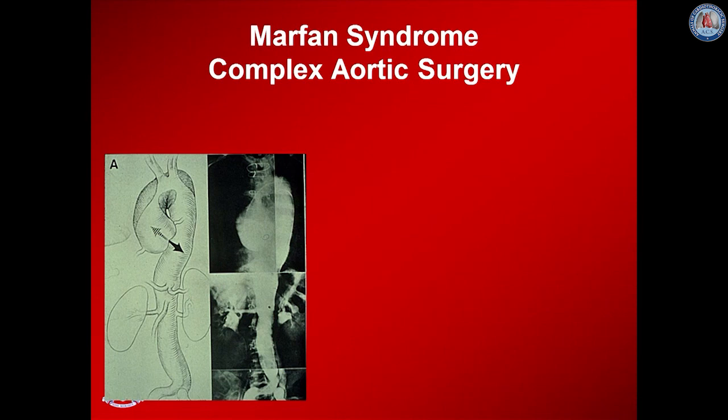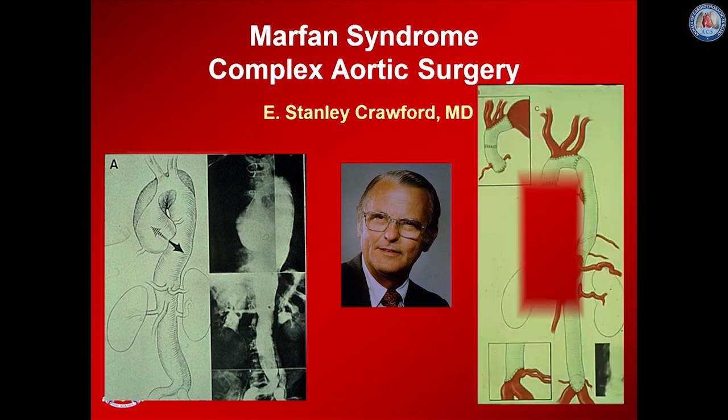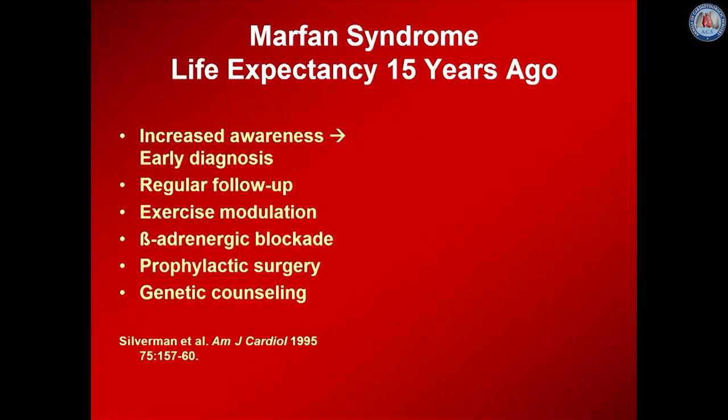And of course, Stanley Crawford taught us how to repair the entire aorta, typically in the setting of an acute thoracic aortic dissection that extended throughout the entire aorta. And this has been applied progressively in people with Marfan syndrome and other thoracic aortopathies.